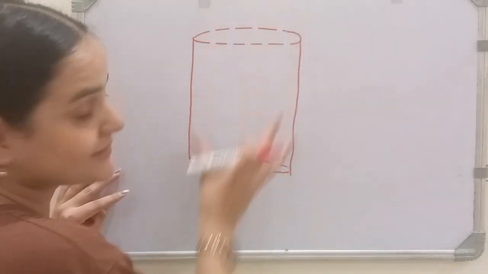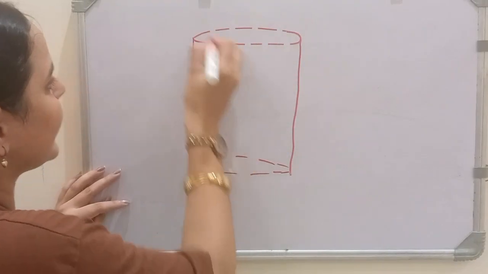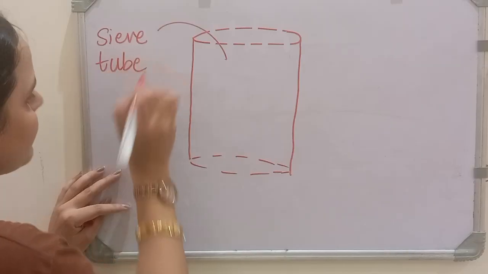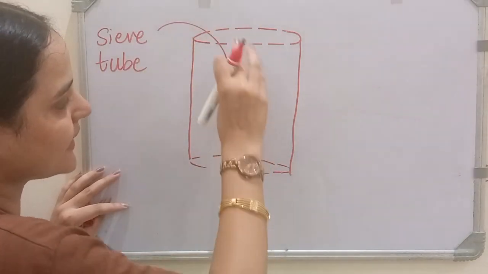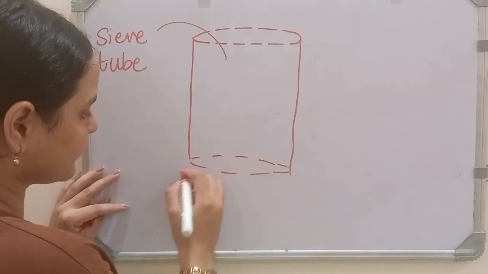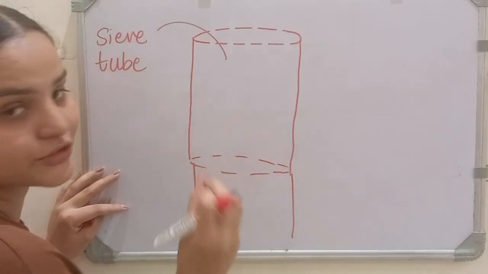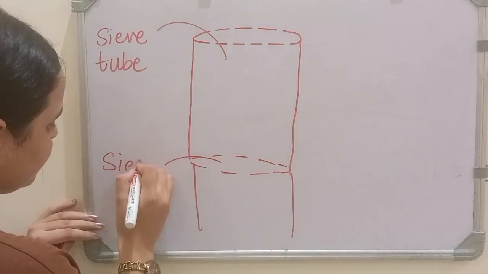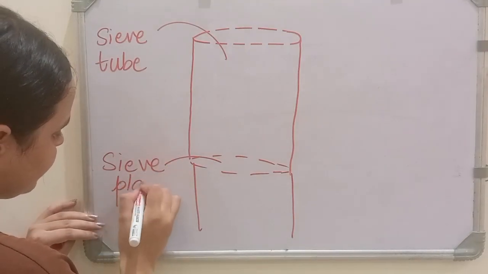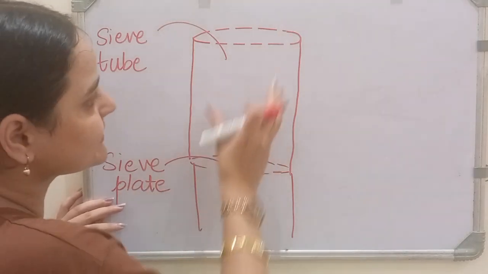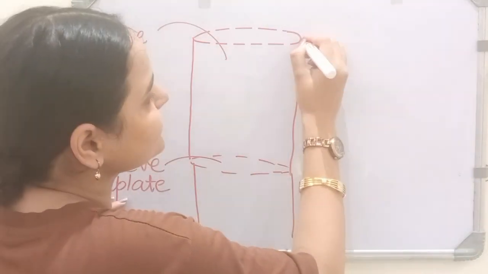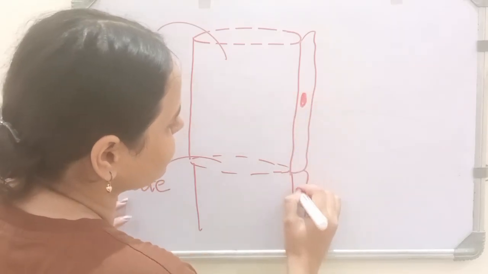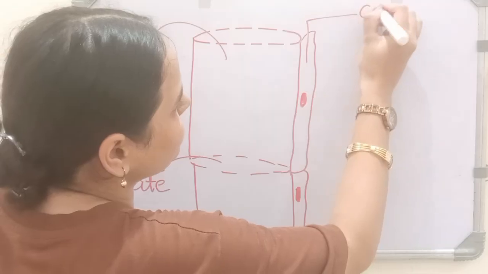Okay, so this tube like structure is known as sieve tube. And at its end it has a perforated opening through which another sieve tube is connected. So this is known as sieve plate. With the sieve tube, companion cells are connected. So this is companion cell.